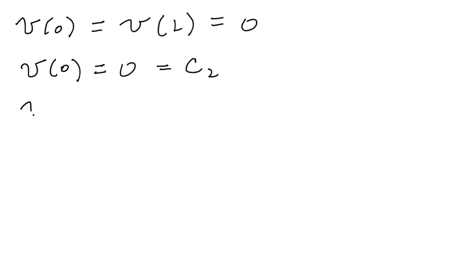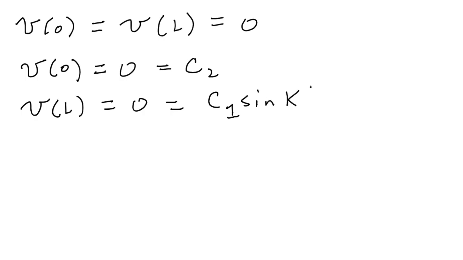And then the second condition, v at L, has to be equal to 0, which means that C1 sine of KL has to be equal to 0. We can't let C1 be equal to 0 because if C1 and C2 are both equal to 0, then that's not interesting.